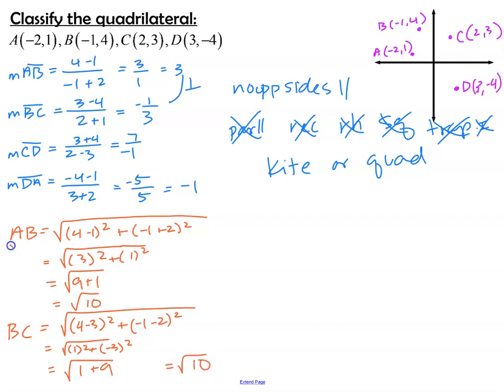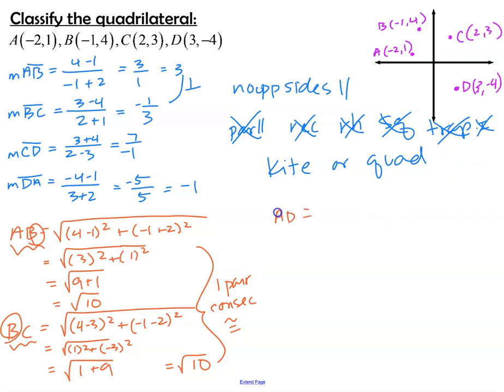Now, AB and BC are consecutive sides since they both meet at point B. And since they are square root of 10 and square root of 10, we have one pair of consecutive sides congruent. So we just need to check the other pair of consecutive sides, and if they are congruent, then this is, by definition, a kite. So let's check that other pair.